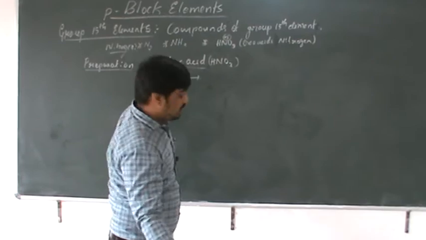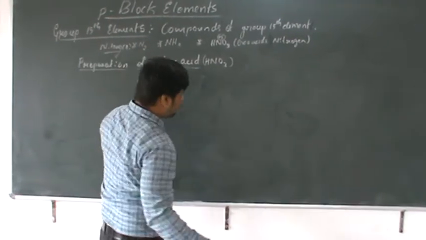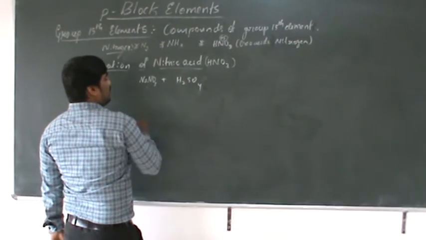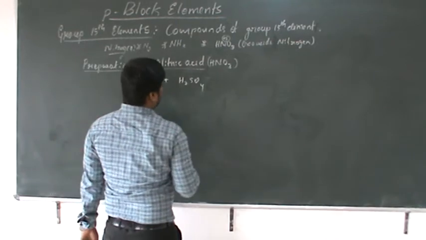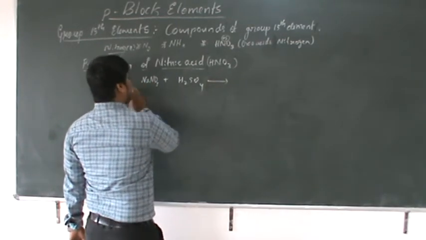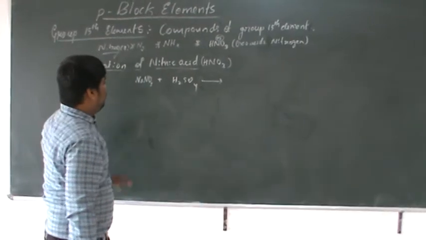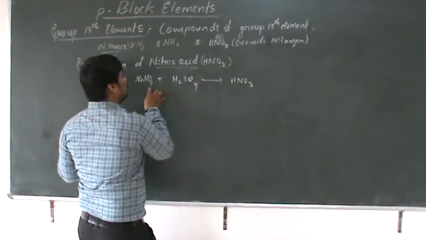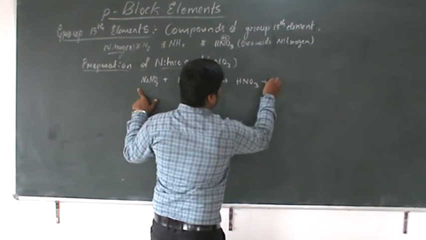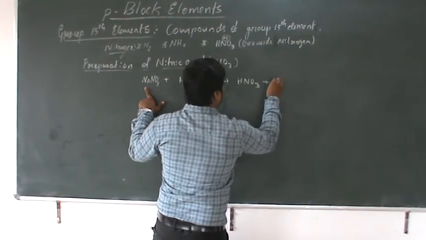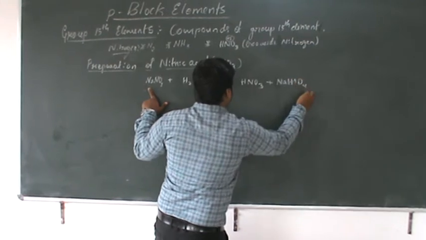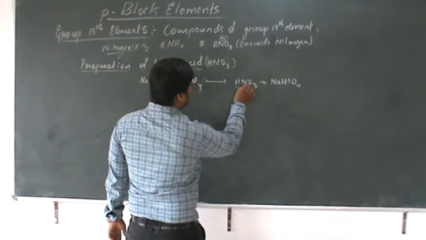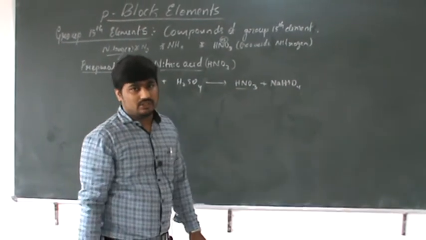When sodium nitrate or potassium nitrate is made to react with sulfuric acid, it gives nitric acid, HNO3, and sodium hydrogen sulfate, sodium bisulfate, is formed. So this is the laboratory preparation. Laboratory preparation is not much important.